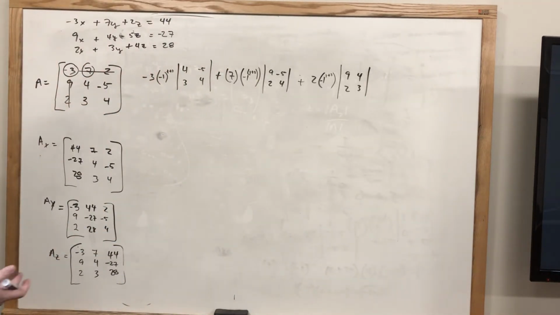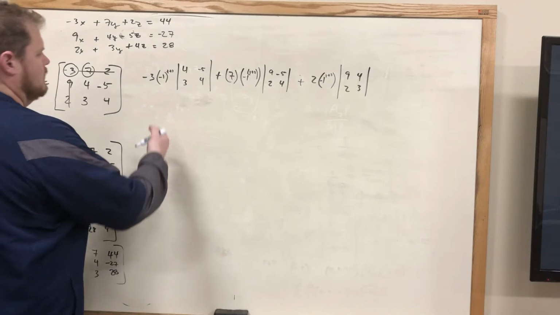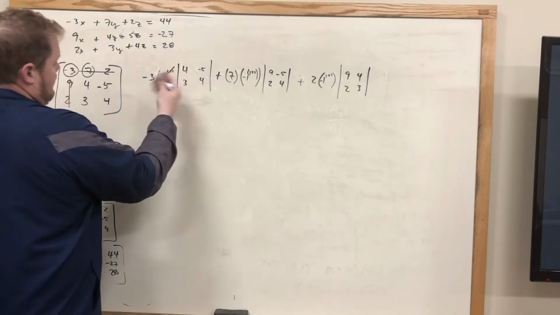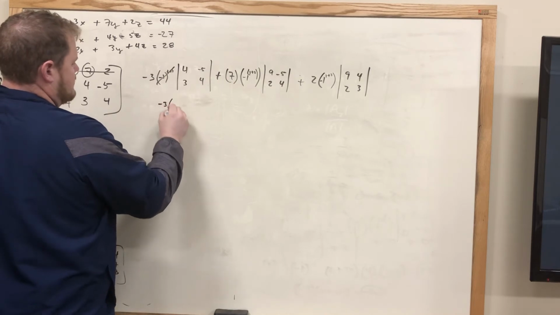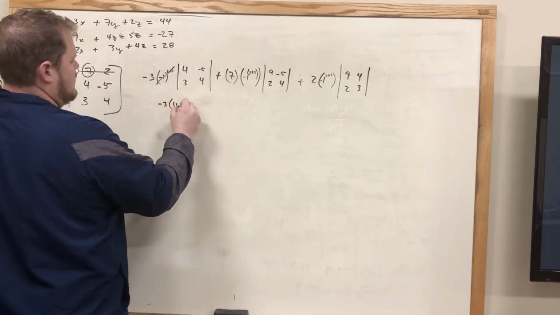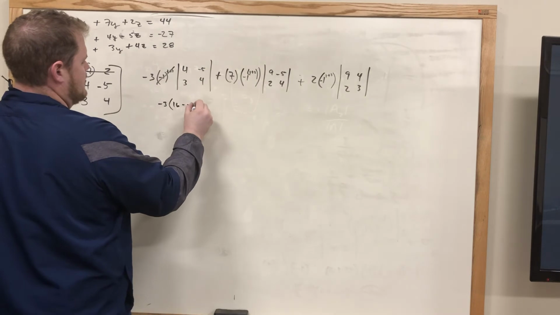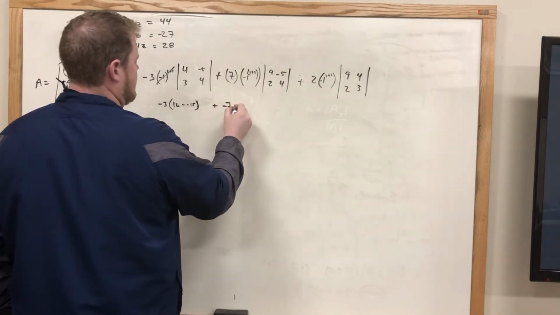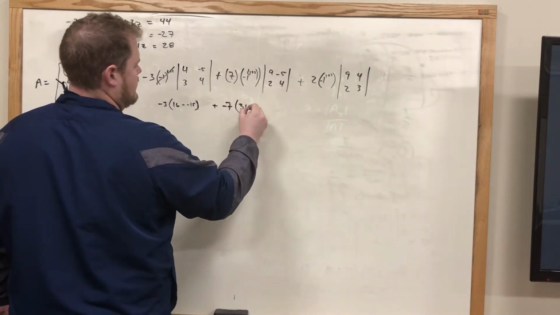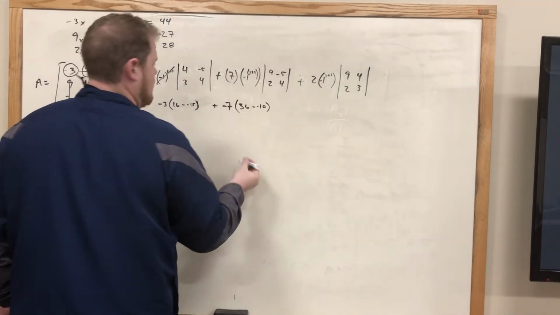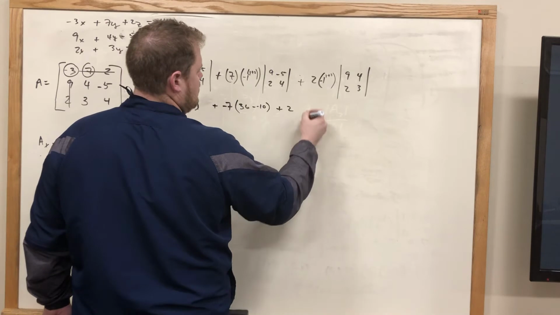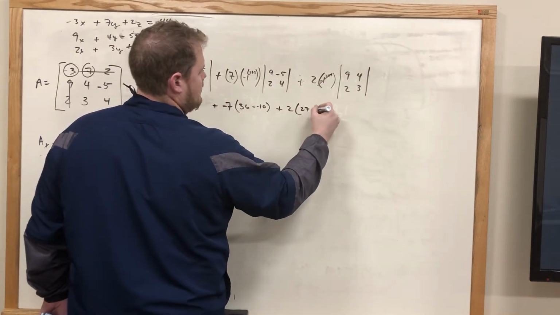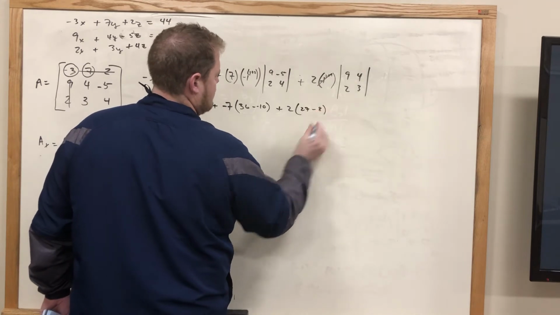So let's solve that. How will we solve that? So this is going to become positive, so that cancels out. So it's negative 3 times 16 minus a minus 15, plus negative 7 times 36 minus a minus 10, and plus 2, because that cancels out, 27 minus 8.